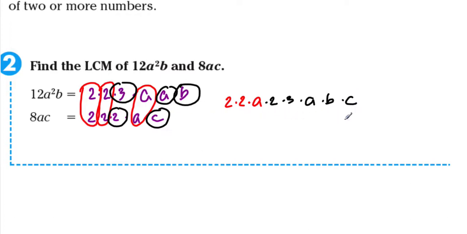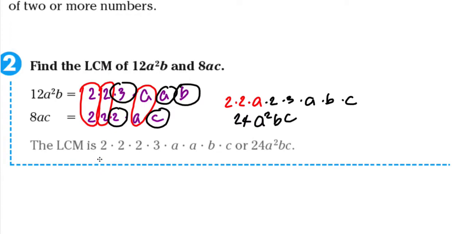So if I multiply all of them, we end up with 2 times 2 times 2 times 3, which is 24. A times a is a squared, and you have b and c. So the LCM of 12a squared and 8ac would be 24a squared bc. Okay?